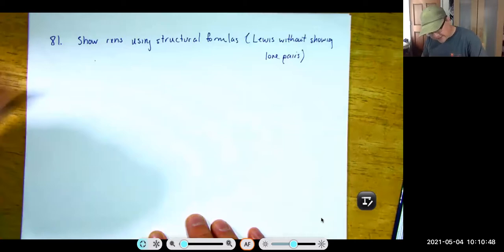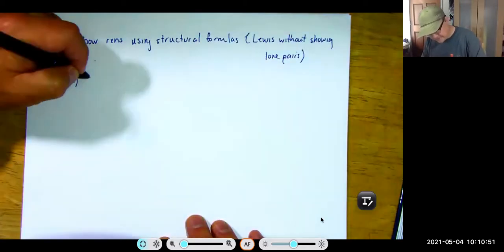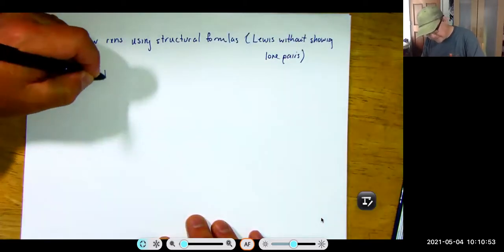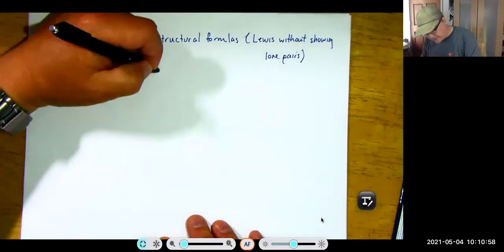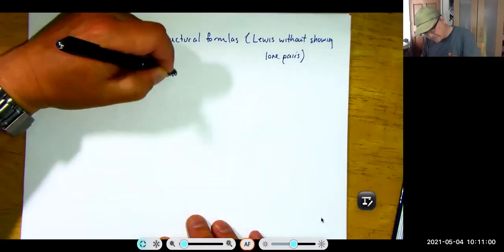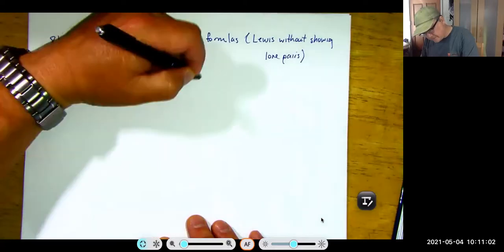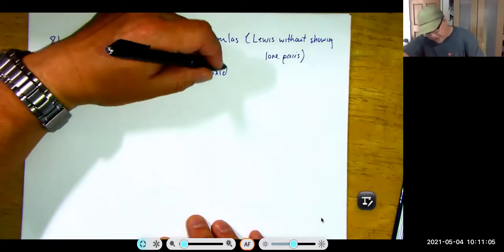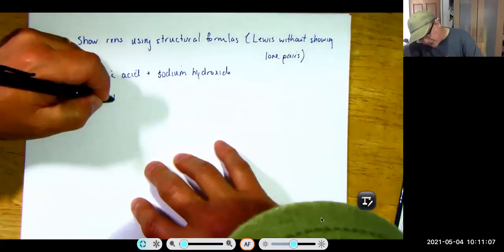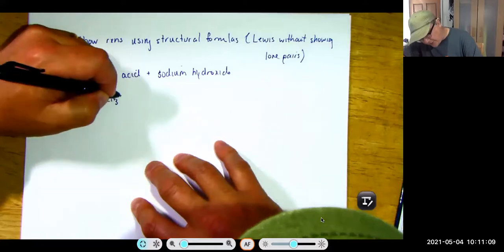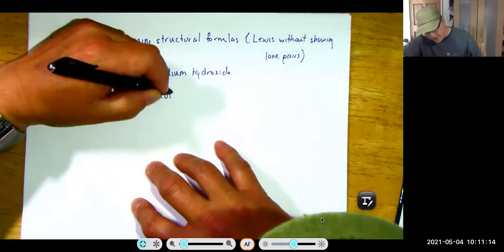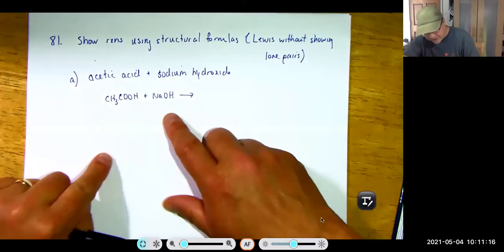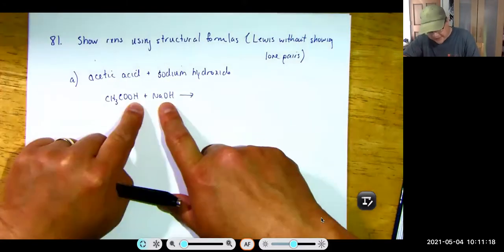Okay, so we've got acetic acid and sodium hydroxide. Now, we know that the formula for acetic acid is CH3COOH, and we know that the formula for sodium hydroxide is this. And what happens here is that the hydroxide from the base and the hydrogen from the acid make H2O.